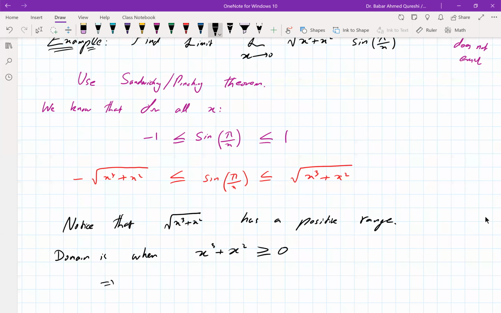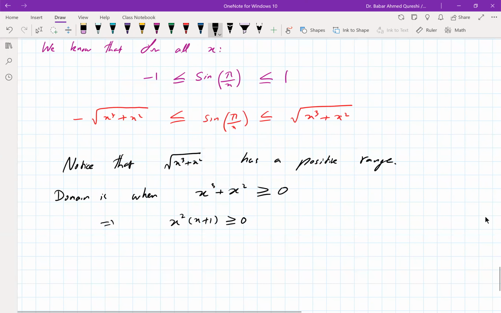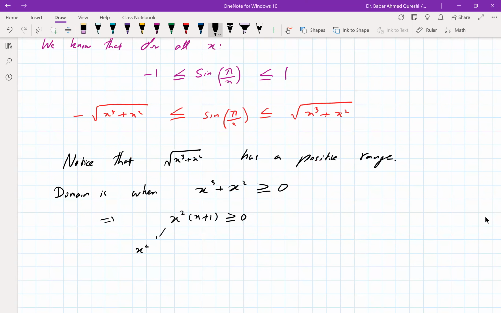But this means x cube plus x square has to be greater than 0. Now this guy, x square, is always greater than 0. And if the product has to be greater than 0, that means x plus 1 is greater than 0.